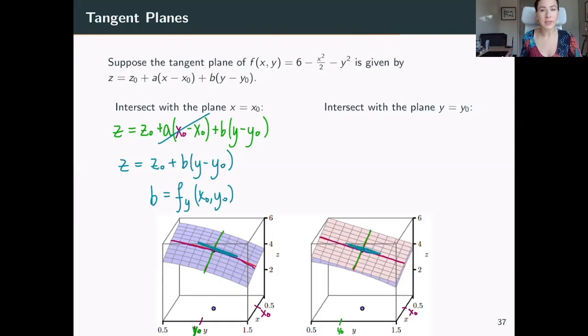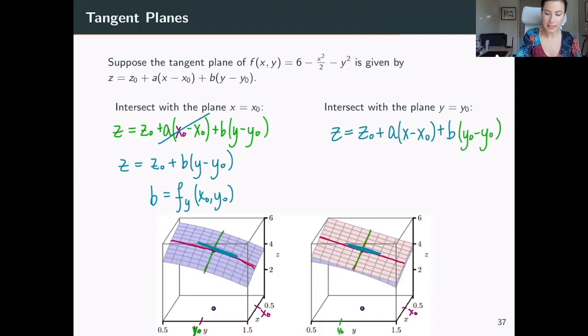We can do the same thing intersecting with y naught. So I would have the same idea: z is equal to z naught plus a times x minus x naught plus b times, intersecting with y naught, y naught minus y naught.